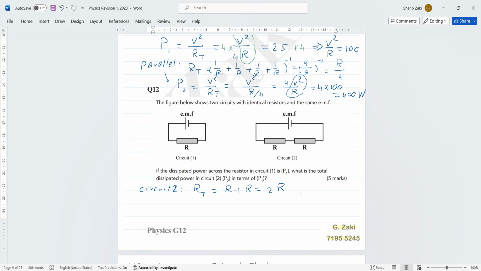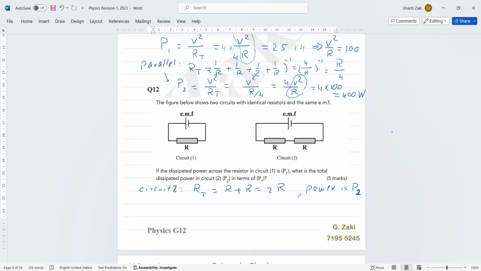And the power in that case is P2. He said the dissipated power across the resistance, so the power in circuit 2 is P2. Now, what is the relation between the power and the resistance?